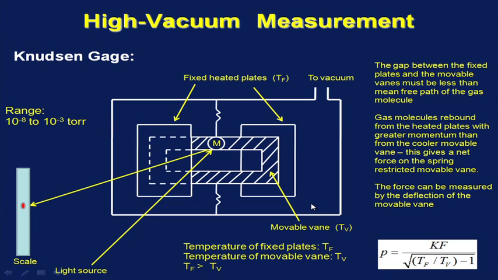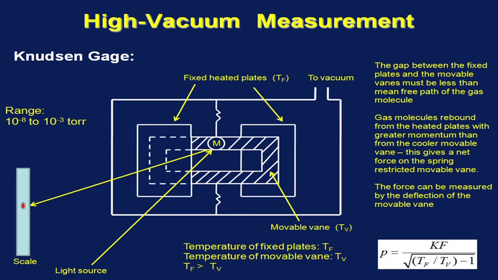Now, kinetic theory tells us when the gas molecules rebound from the heated plates, they will have greater momentum compared to the case when they rebound from the cooler movable vane.